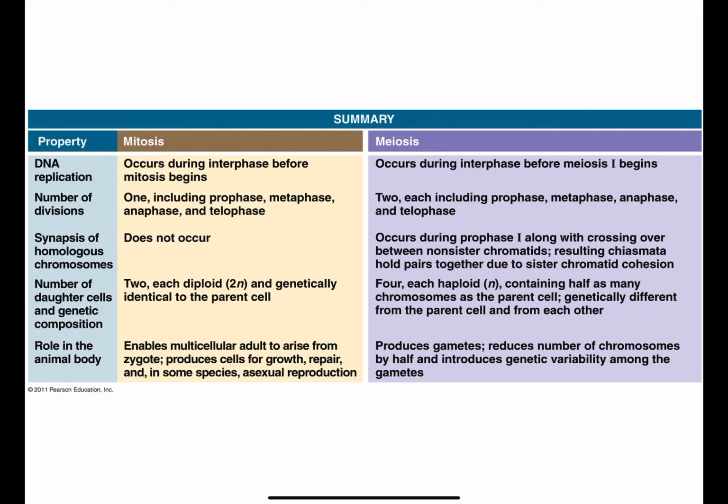So both of them replicate DNA in interphase, before mitosis begins and before meiosis begins. Number of divisions: mitosis has 1 division, meiosis has 2. We don't have synapsis of homologous chromosomes in mitosis. That's the crossing over that I was talking about, and I'm going to talk about that more in just a minute. So no crossing over or synapsis in mitosis.